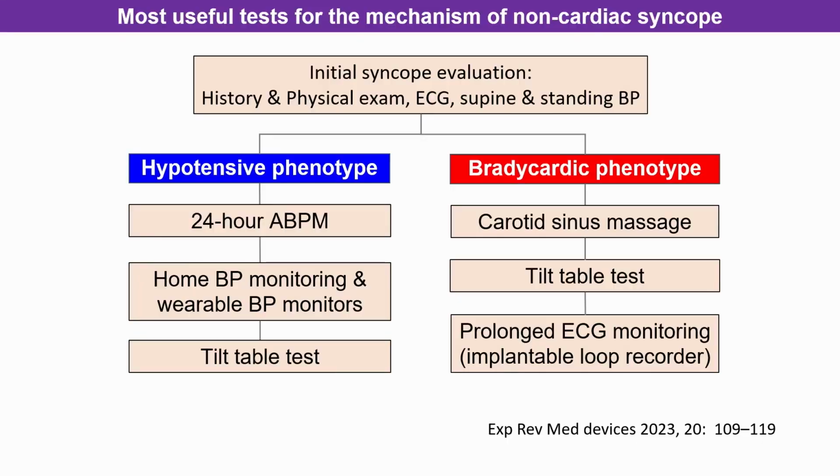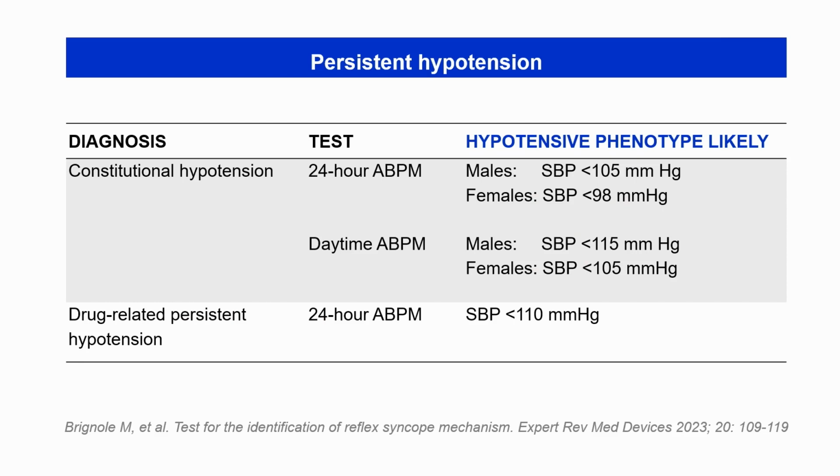In these cases, the investigation should go ahead and include tests. And the tests are 24-hour ABPM, home blood pressure monitoring and wearable blood pressure monitors, and tilt-table test for the hypotensive phenotype, and carotid sinus massage, tilt-table test, and prolonged ECG monitoring for the bradycardia phenotype.